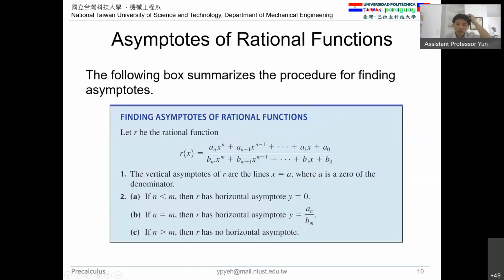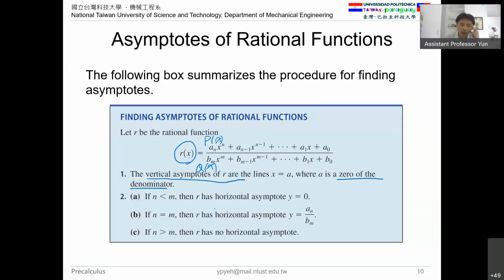Okay. So here are some definitions we learned last week regarding these rational functions. Since we know the rational function is a combination of polynomial functions, p of x divided by q of x, when we find the vertical asymptotes of r, we just find the zeros of the denominator.